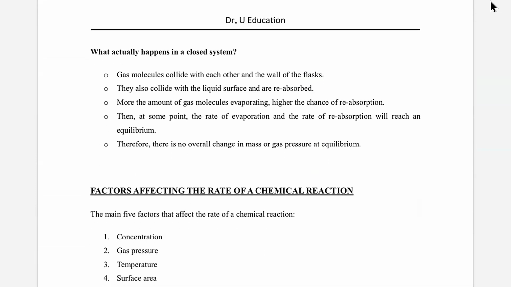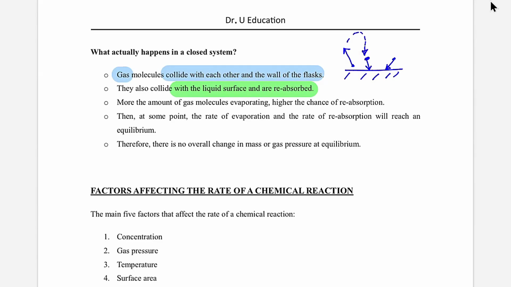What actually happens in the closed system? Gas molecules collide with each other and the wall of the flask. That is the first thing. Then they collide with the liquid surface and are reabsorbed. The gas molecules bounce back and are absorbed into the liquid surface. These particles were emitted and are now coming back and being absorbed.